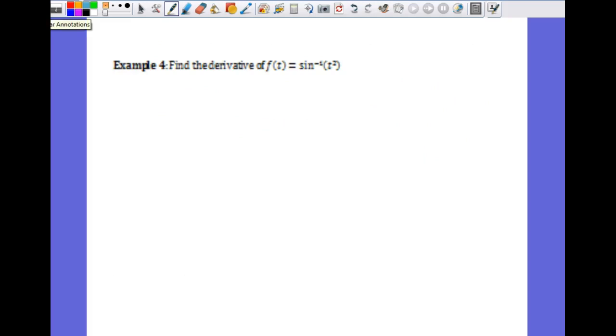So f of t is equal to the inverse sine of t squared. Your rule is f prime of t is u prime over the square root of 1 minus u squared.